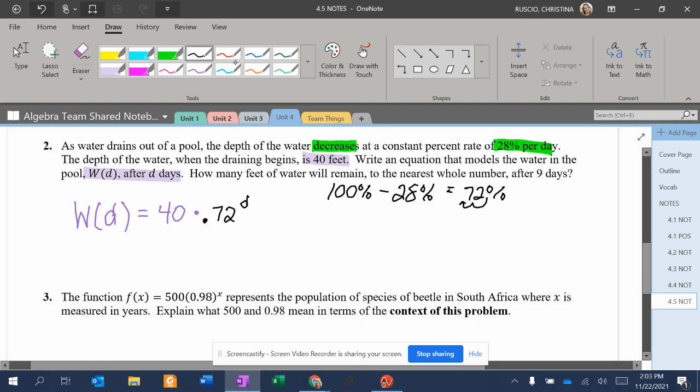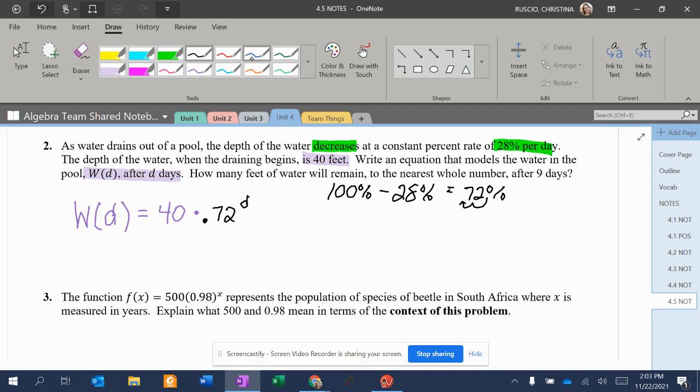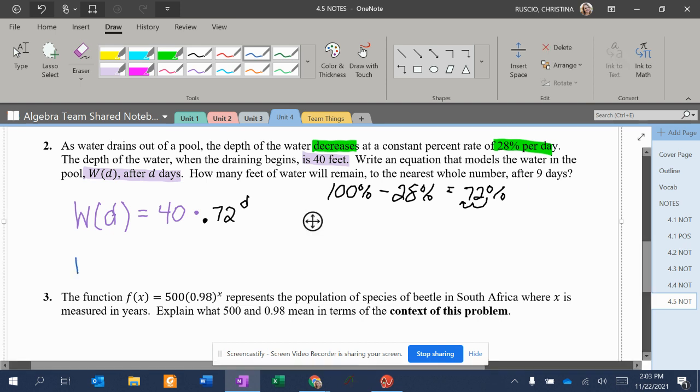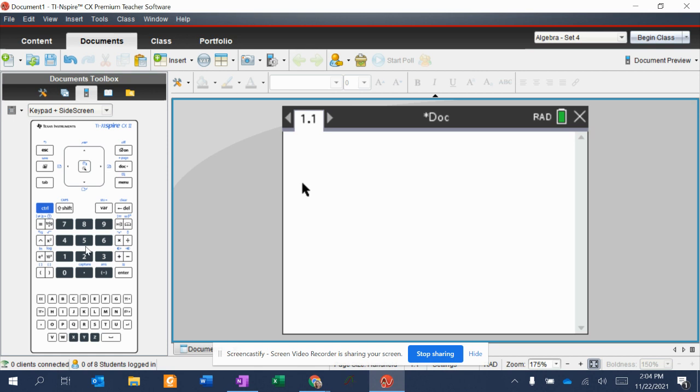Now let's answer the question. It says, how many feet of water will remain to the nearest whole number after 9 days? So we're looking at the days to be 9. So W of 9 is going to equal 40 times 0.72 to the 9th power. Let's take out our calculators.